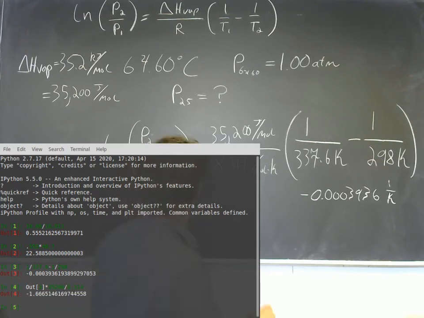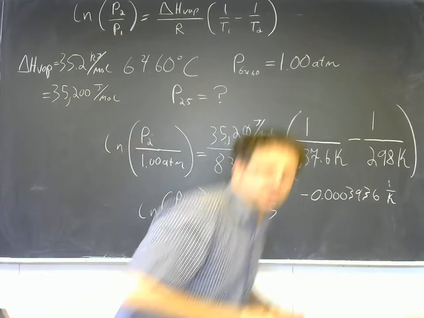And what we get is that the natural log of P2 over 1 atmosphere is equal to a pretty easy number now, negative 1.6665. Okay, now how do we deal with that natural log?